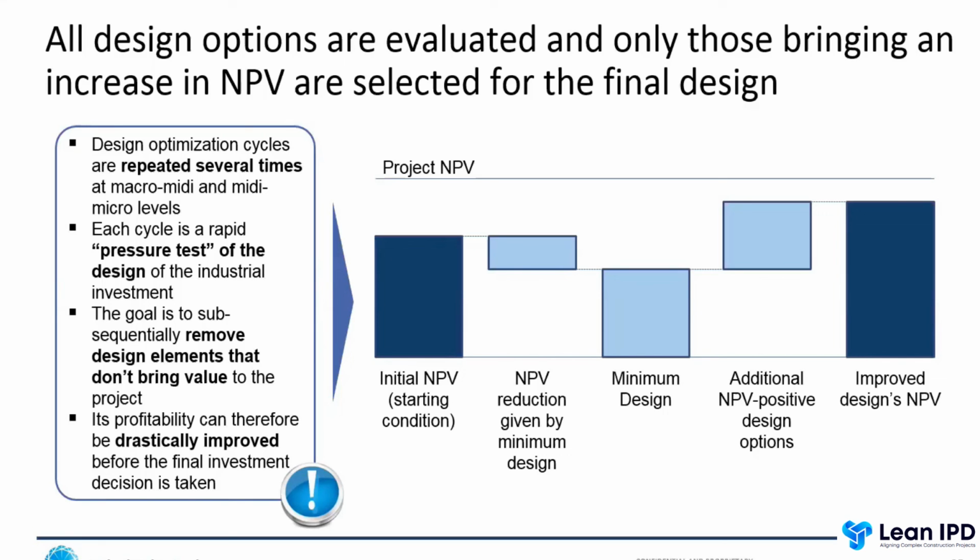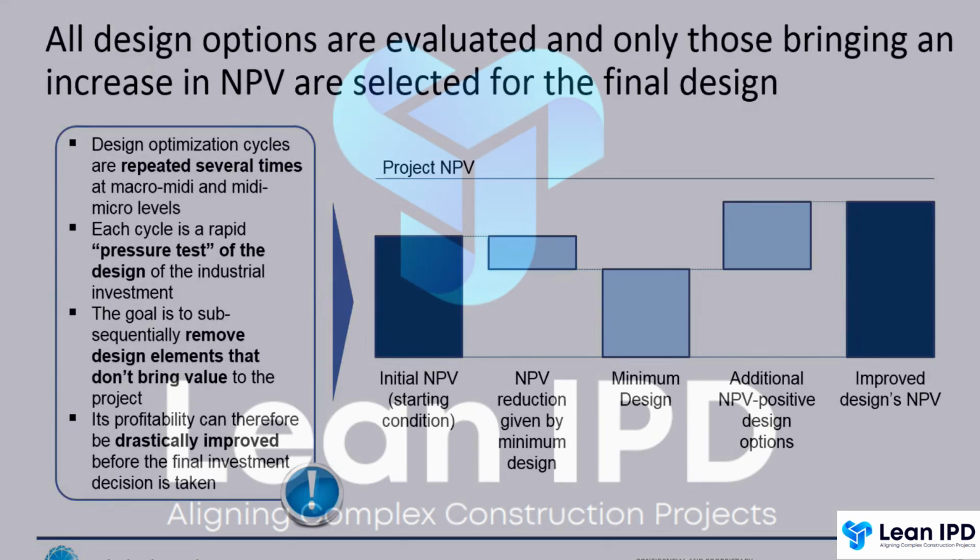So that at the end, we come out with an improved design which is really made in order to increase the NPV, and not, as I said at the beginning, just to make sure that we fully use the original capex budget that somebody fixed for us, and we often never know why that target was fixed like that.